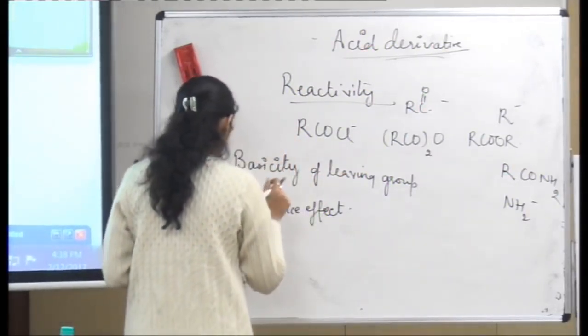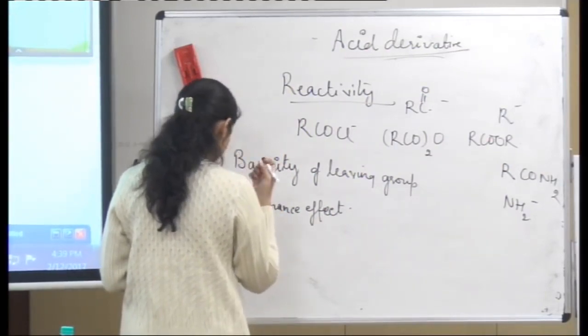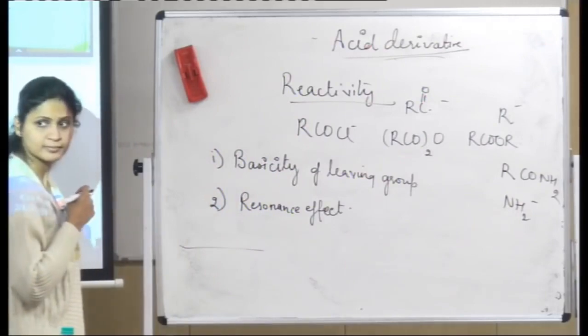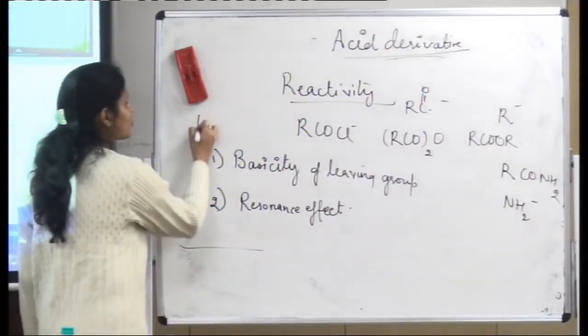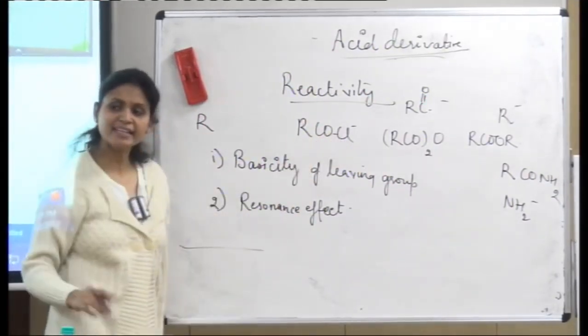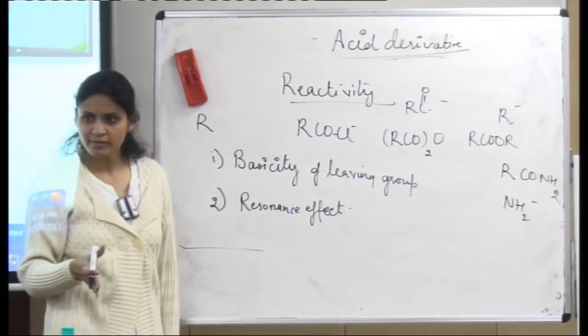Whenever the leaving group is more basic, in that case what should be the case? Because what I want is that I want this bond to be easily broken. Anything which is more reactive will easily cleave the bond, right?